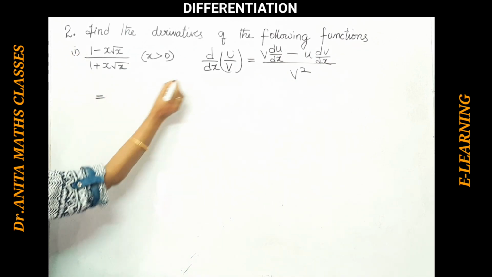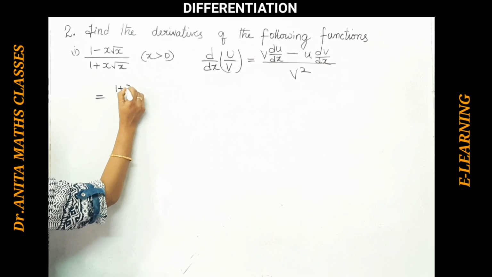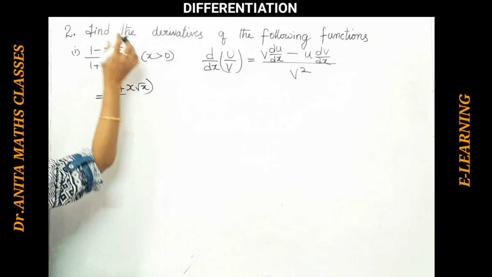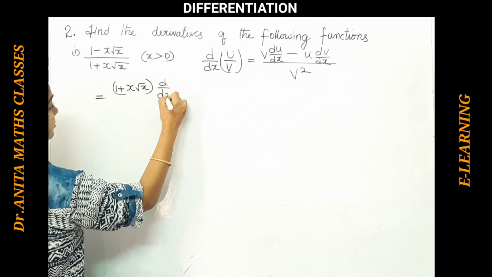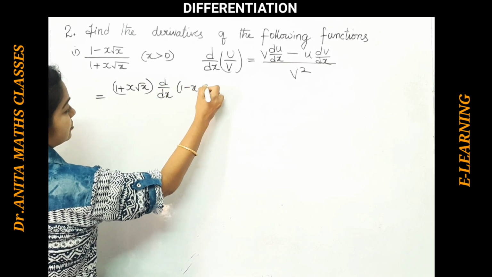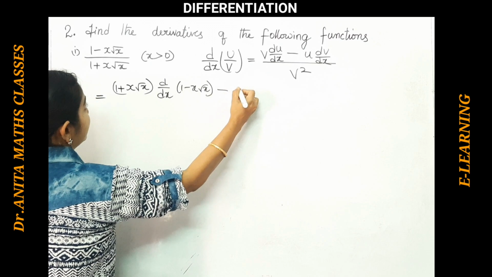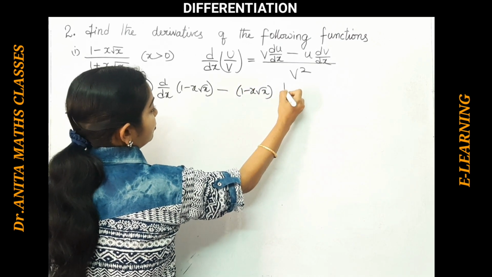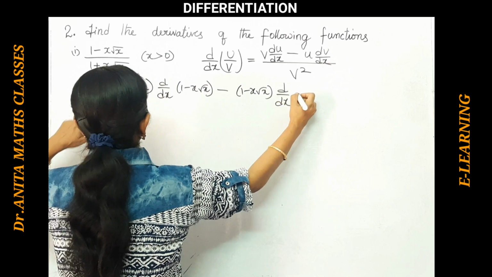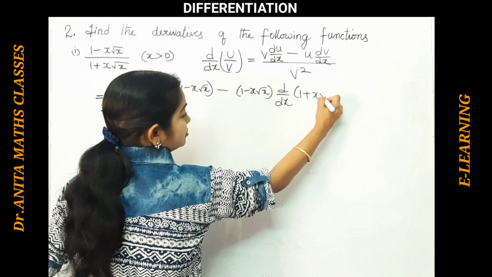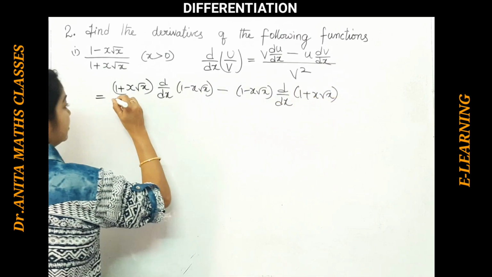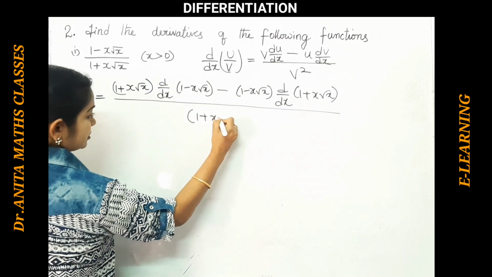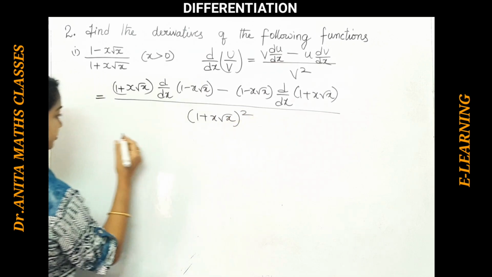The first one is 1 plus x root x, that is v, differentiation of this part. Let me write 1 minus x root x, subtracted by again 1 minus x root x, differentiation of v. So that is 1 plus x root x, v square. We have 1 plus x root x whole square.